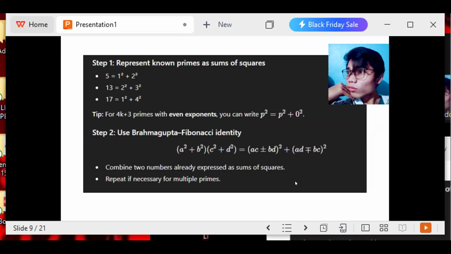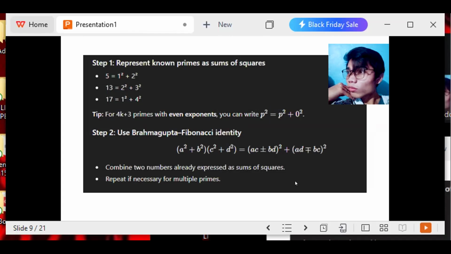Now we have here 13 is equal to 2 squared plus 3 squared, which is 4 plus 9, and 9 plus 4 is equal to 13. So is that clear? I hope everything is clear. So 17 is equal to 1 squared, which is 1, plus 4 squared, which is 16. So 16 plus 1 is equal to 17.